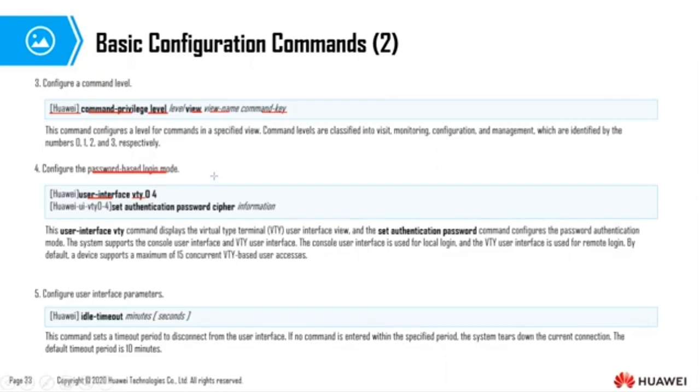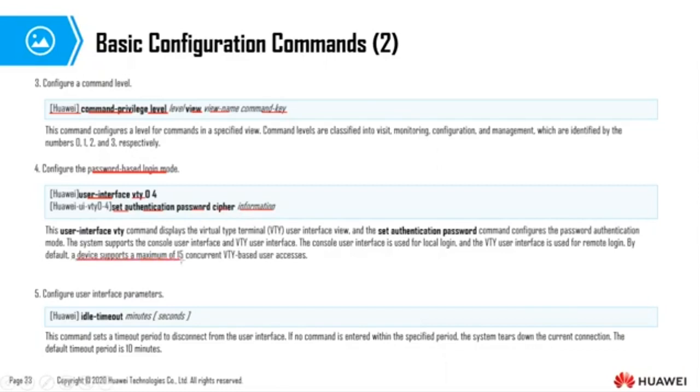So we're going to have 0, 1, 2, 3, 4, meaning if someone else tries to log in after 5 people have logged in through VTY, then they cannot access it. Then we can type the command set authentication password cipher, then we can type the particular password that we want to set.